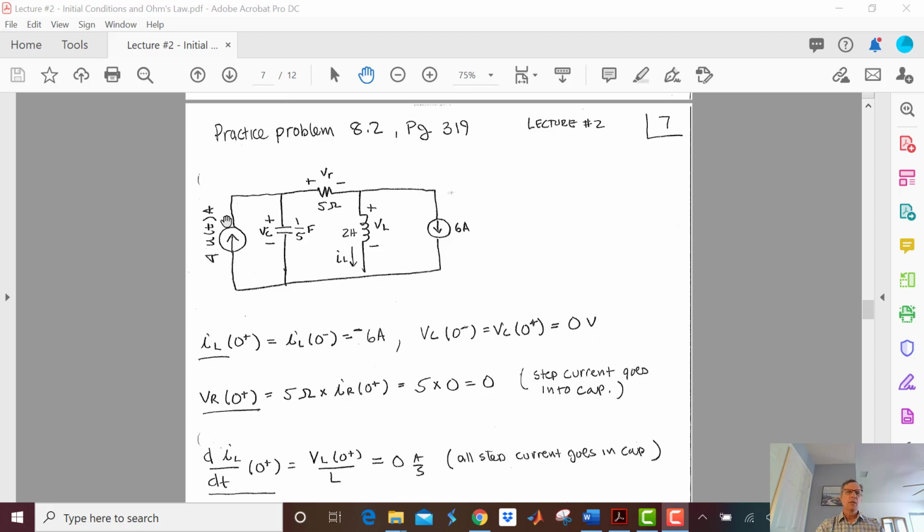Don't bug me. You can change the capacitor current quickly. So what's going to happen is, actually, let's do even more. So we know we can change the capacitor current quickly. Now, we know that we can't change this current quickly, and we certainly can't change this current quickly. So at t equals 0 plus, I'm going to have 6 amps going that way, 6 amps going that way. I'm going to have 0 amps going that way.